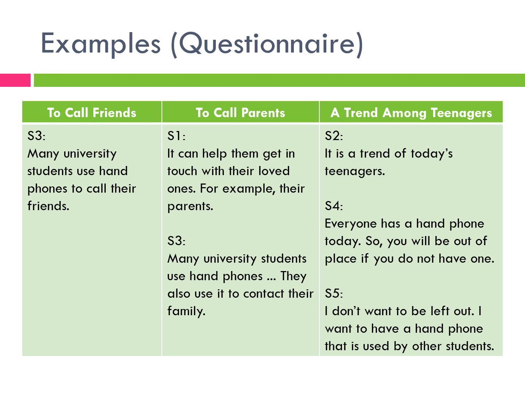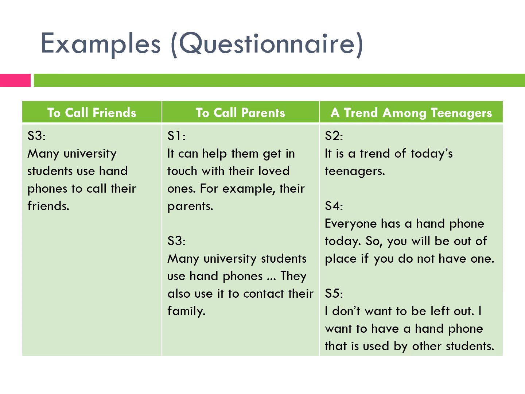And then what are the other responses that can be put under this category? For example, student 3, it is also for them to contact family, right? For this person to contact the family, so you put it under to call parents.